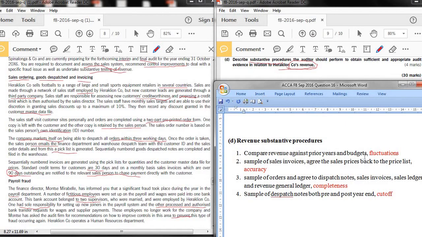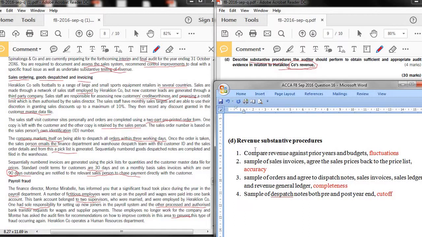Here also I wrote something in red that most students are not writing in the exam, thereby losing marks. Here you have to describe procedures and you have to tell the examiner why you are performing procedures, meaning what evidence you are going to get.